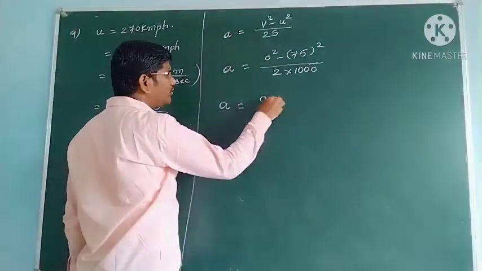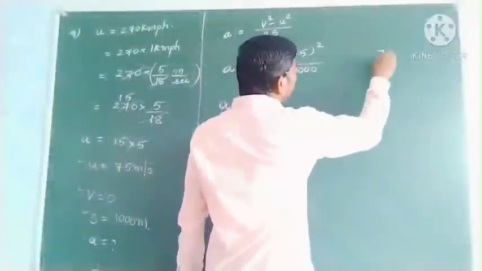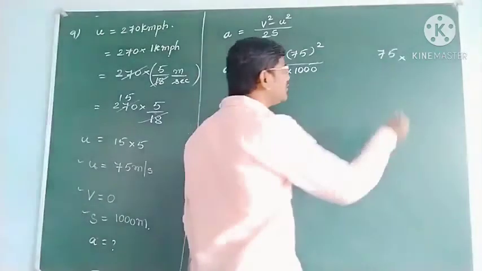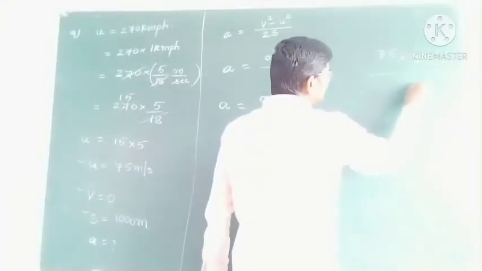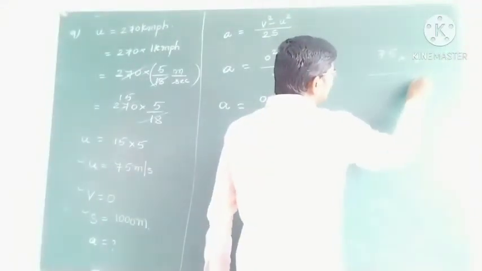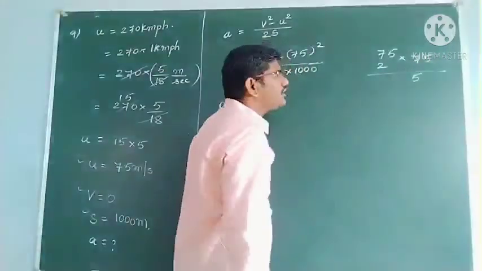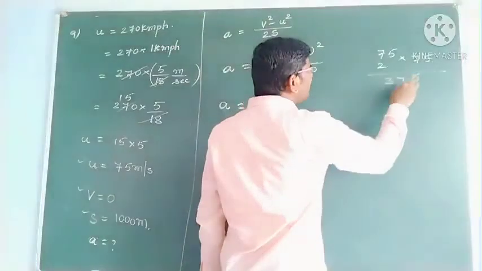Then 0, 75 into 75. 75 square now. So we have to do 75 into 75. Then 5 5s are 25. And 5 7s are 35. So 375.